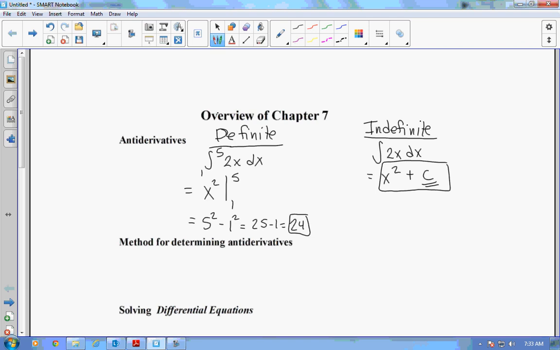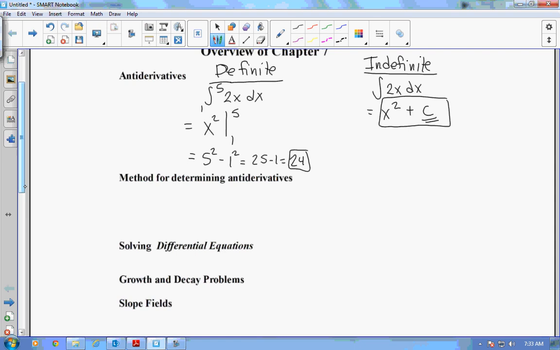Okay, so ways we've learned how to determine antiderivatives when we're given a function. We've learned straightforward, just using the antiderivatives. Sometimes you need to do a little manipulation to simplify them, like 1 over square root of x.